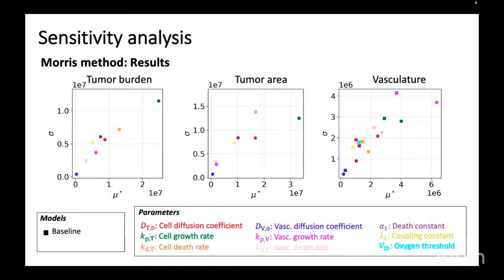And these are the results for both models, in which we can see that across all 3 quantities, the parameter with less influence is the vasculature diffusion coefficient, which is colored in dark blue.